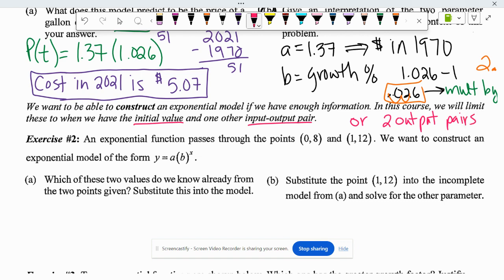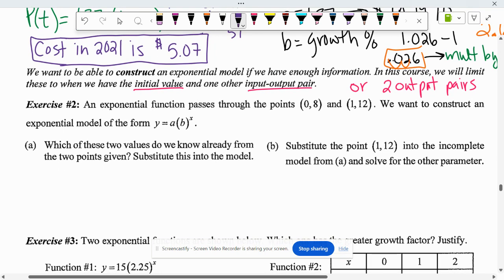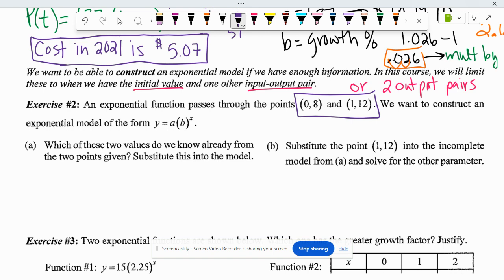The first example says we have these two ordered pairs. We're going to use the ordered pair 0, 8 and the ordered pair 1, 12. I'm going to set it up as a table first and hope that you can see something that's happening. So when x is 0, y is 8.